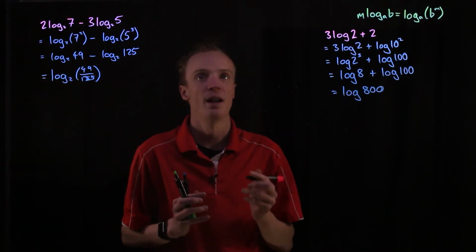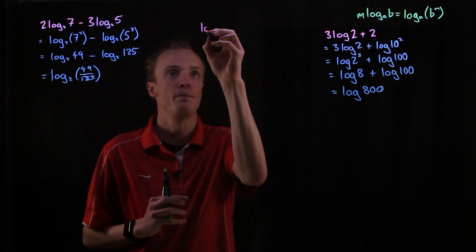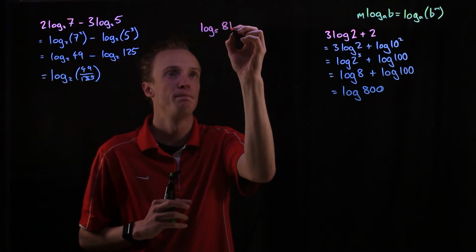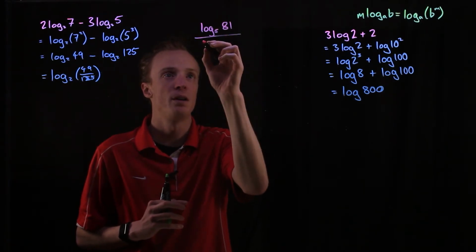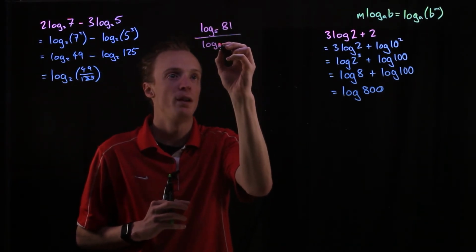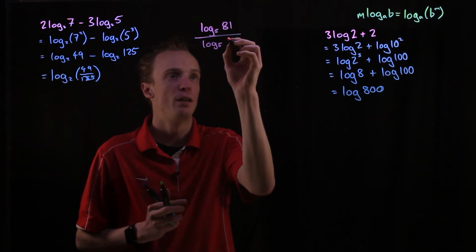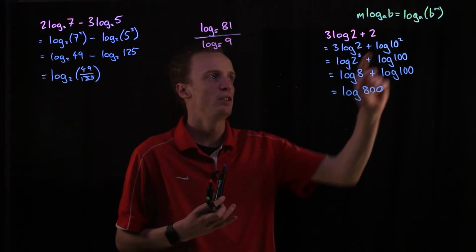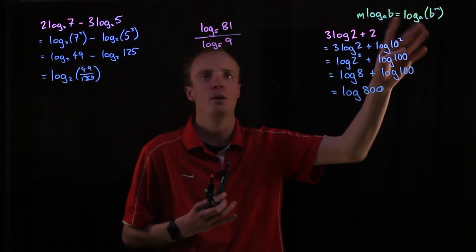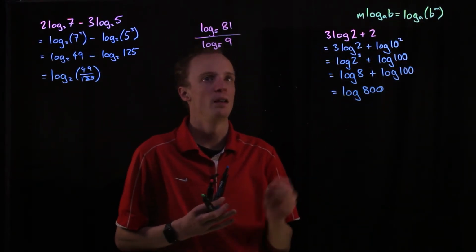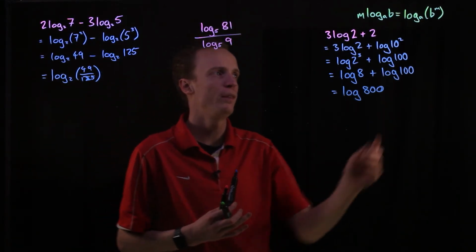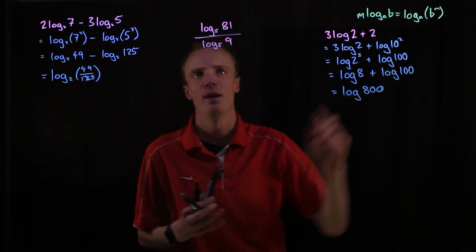Let's say I have the logarithm, we'll do base 5 this time, of let's say 81, and I divide that by the logarithm base 5 of 9. To simplify something like this, I actually need to do the reverse of the principles I was doing before, where I need to rewrite both the top logarithm and the bottom logarithm with the same value.